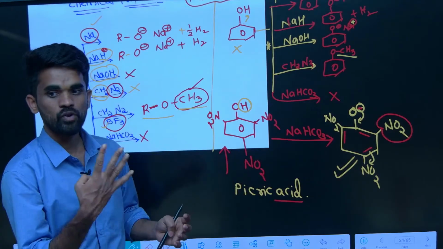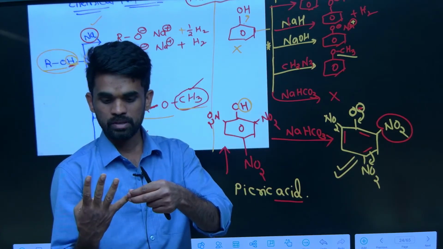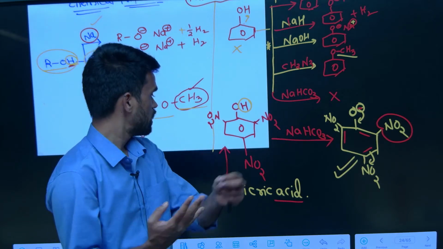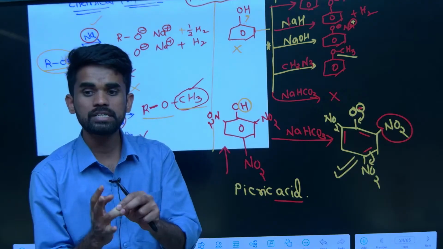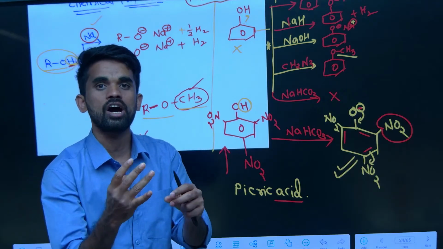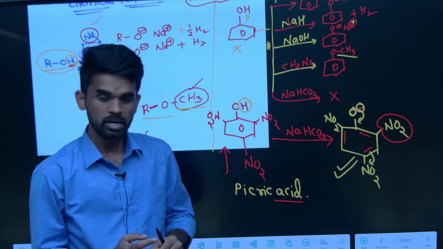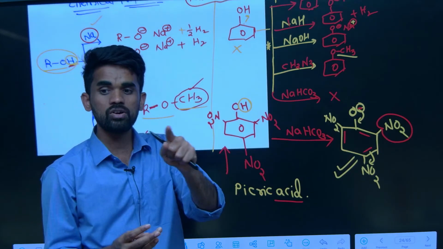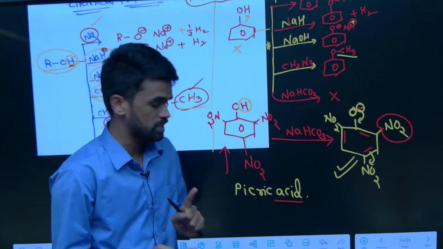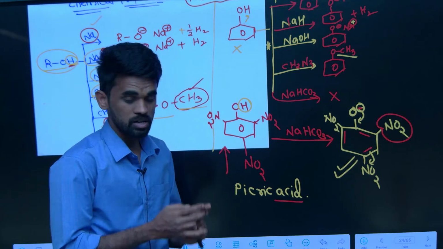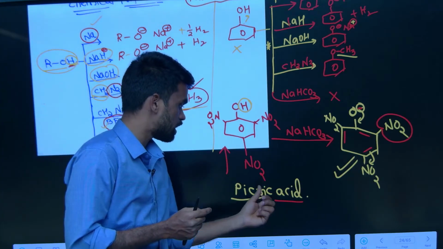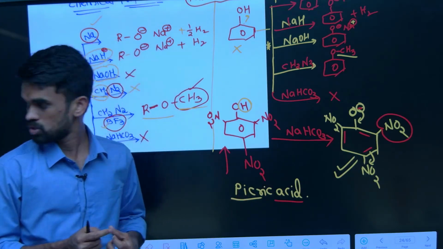They will give 4 names: benzoic acid, acetic acid, formic acid, oxalic acid, and something like picric acid. Which of the following does not contain a carboxylic acid group? Picric acid. The remaining names which I have mentioned all have the COOH group, the carboxylic acid group, but picric acid does not. So this is the main difference you need to remember when you are learning their common names. Okay, right.